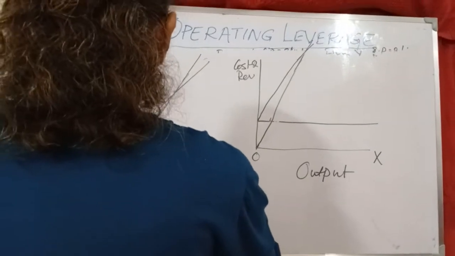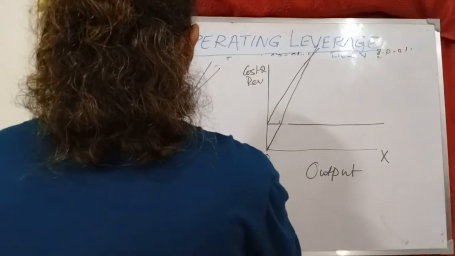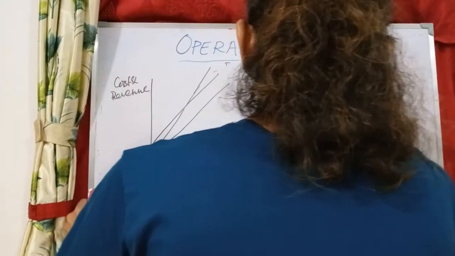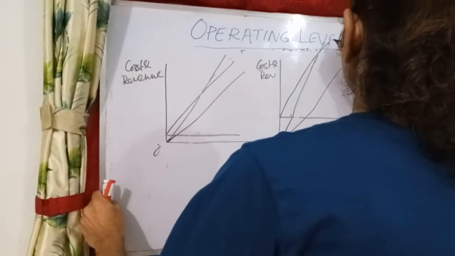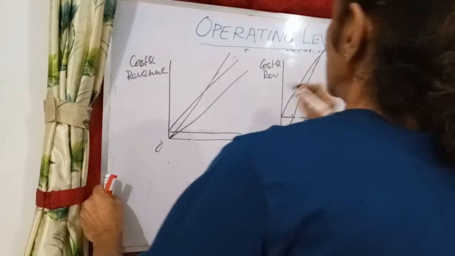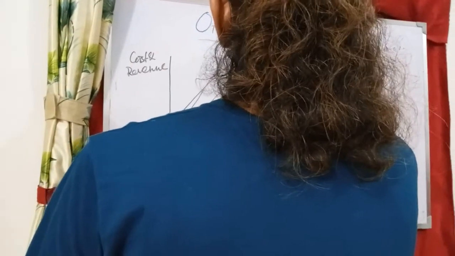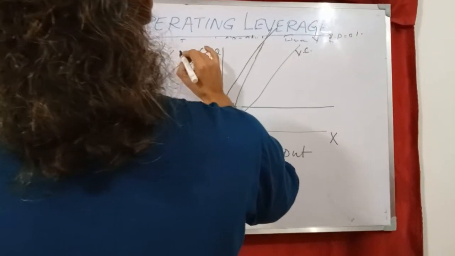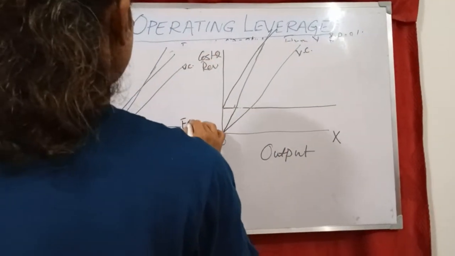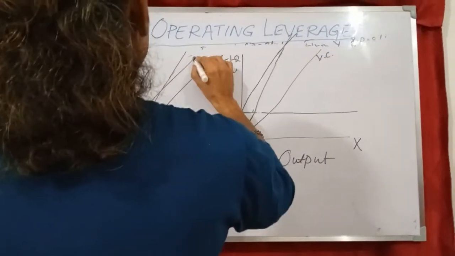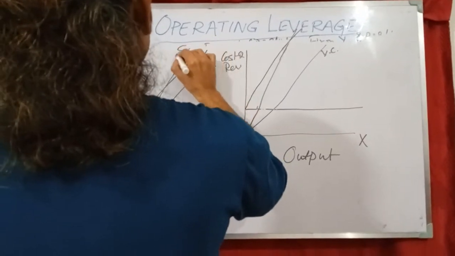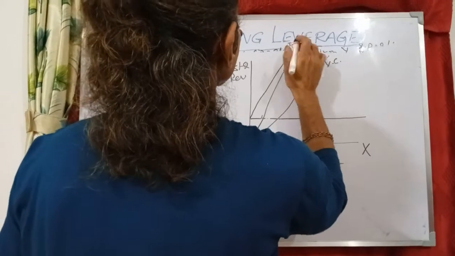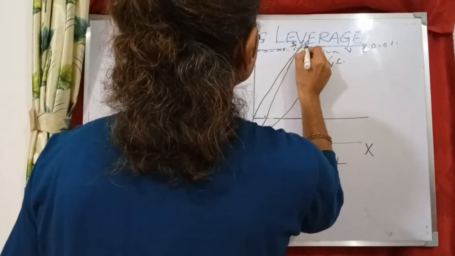Yeah. This will be the variable cost, and here this is the variable cost. This is VC for this farm, this is VC for this farm, and this is FC, this is TC, and this is S. TC, sorry, S and TC.